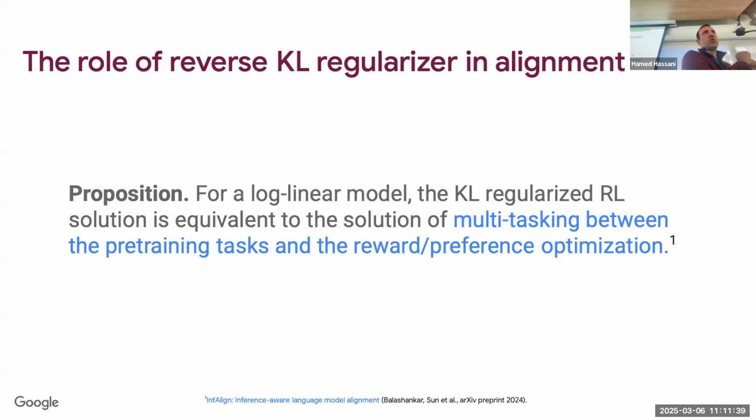Whatever you did to pre-train the model, say solving cross-entropy loss on some data set, and your reward optimization. Maximizing reward, multitasking on the two, is equivalent to solving this KL-regularized problem.